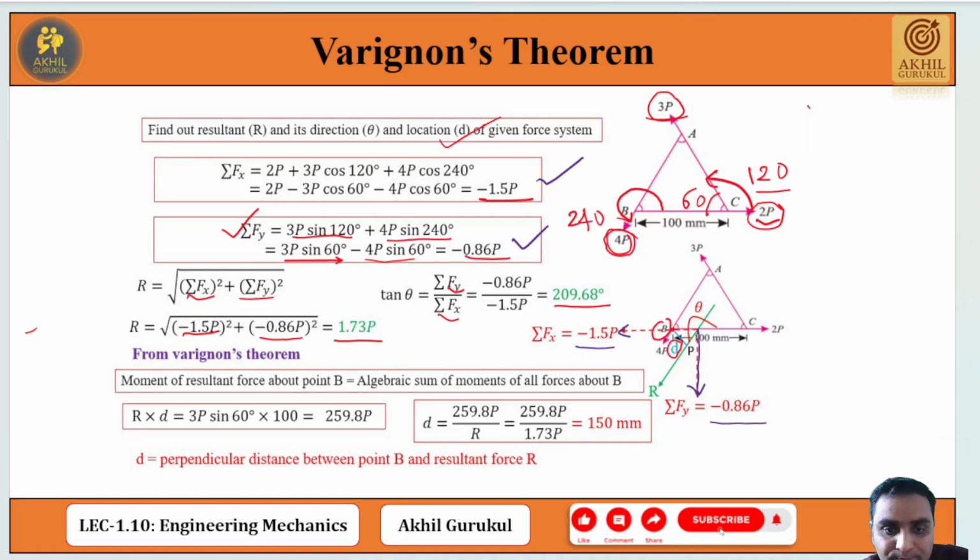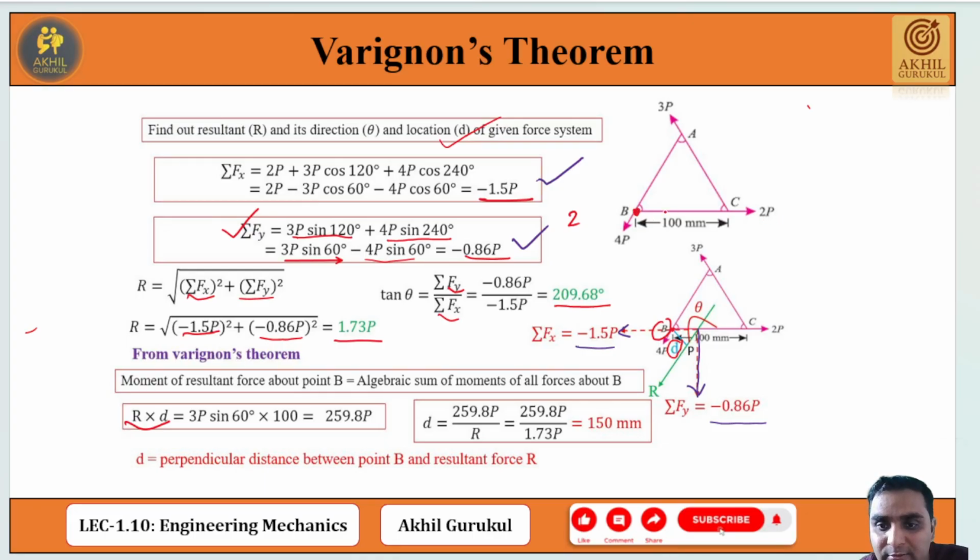So the moment of the resultant is equal to R into D, the resultant force into the perpendicular distance D from B, which is equal to the moment of all forces about B.